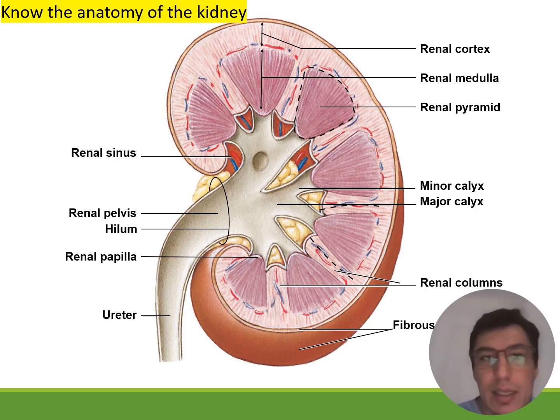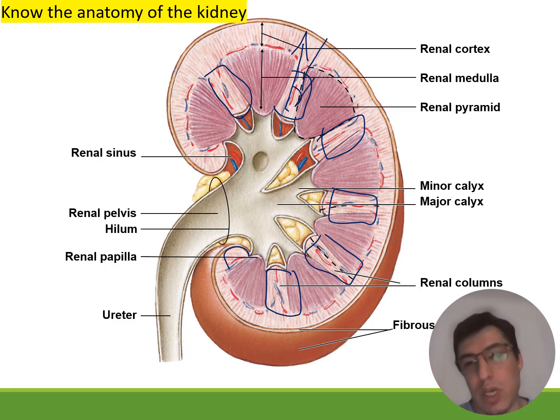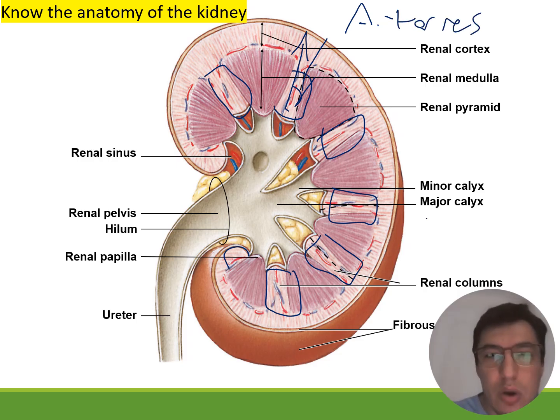In between these pyramids, you're going to see the renal columns, and it is within these renal columns that we have blood vessels traveling to and from the cortex. The vessels traveling to the cortex will be arteries, and the vessels going away from the cortex will be veins.